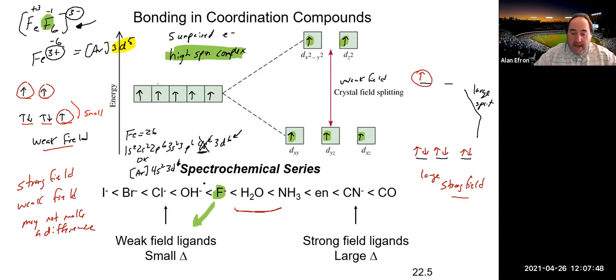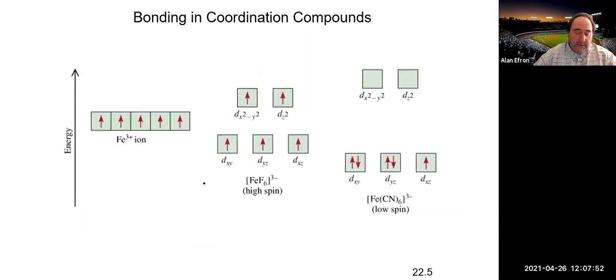Okay. Now, let's take a look at what happens as we look at the same iron guy in FeCN6 3 minus. Again, if we take the same approach, CN minus is -1, so that's -6.